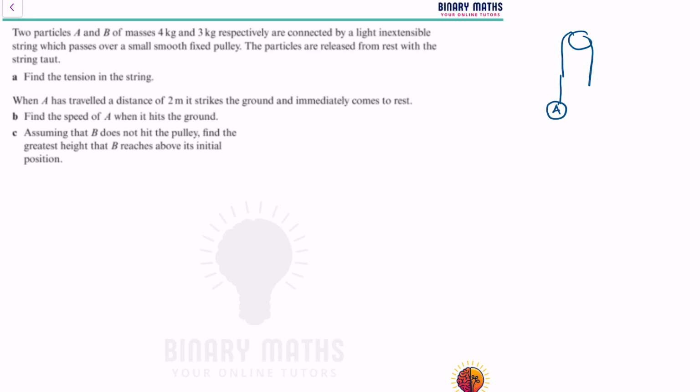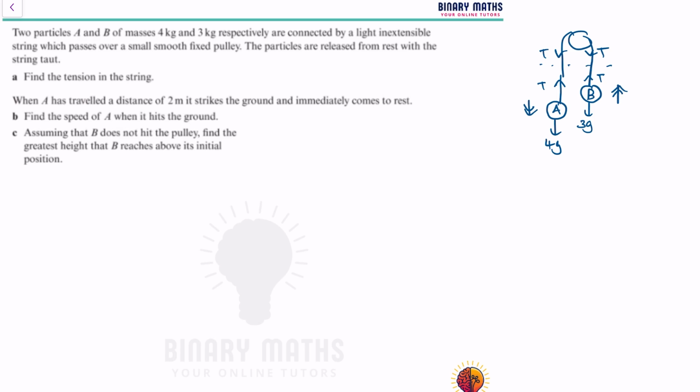So this is A, so 4g going down, and B is 3 kg, so weight is 3g. A feels tension pulling it up, B feels tension pulling it up. Because A is bigger, A will be moving down, B will be moving up. And we have tension here as well.